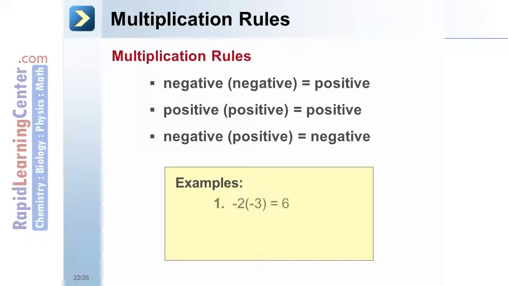Negative 2 times negative 3 is 6. Example 2. 2 times 3 is also 6. Example 3. Negative 2 times 3 is negative 6.